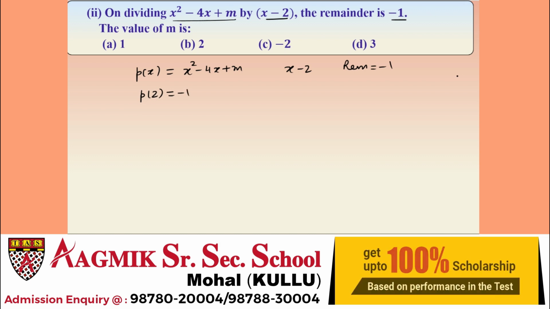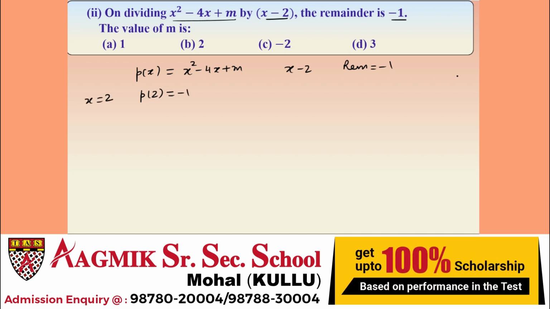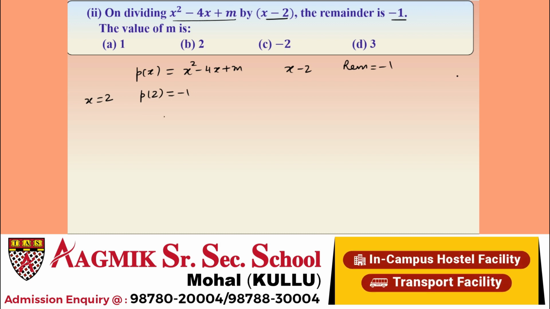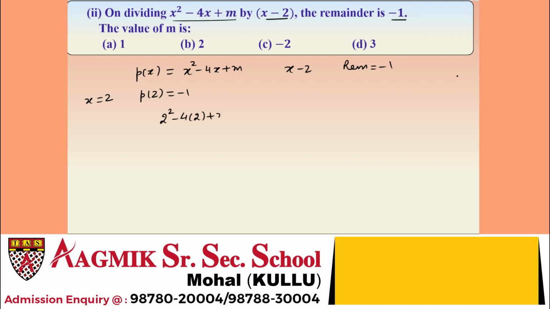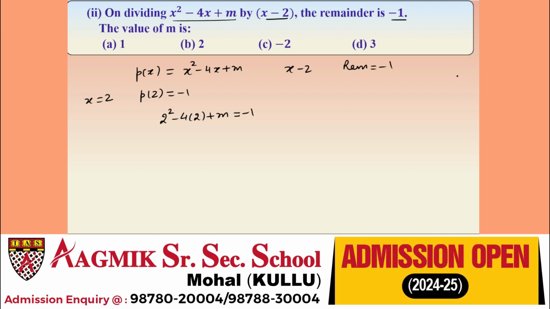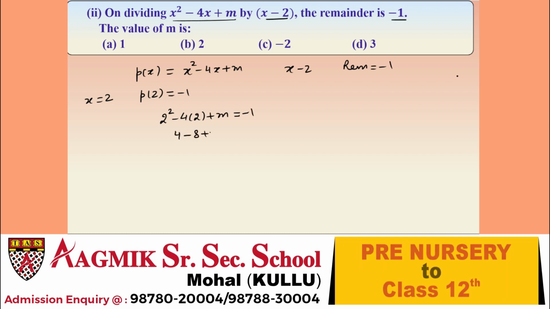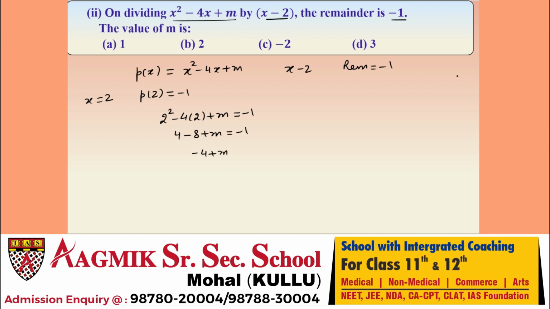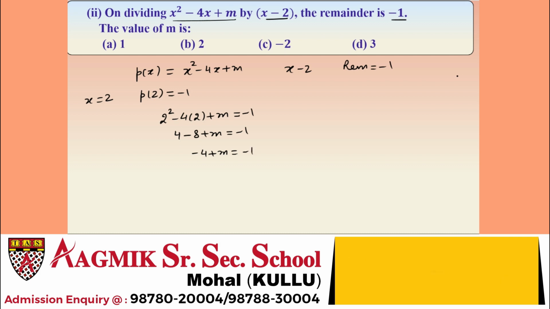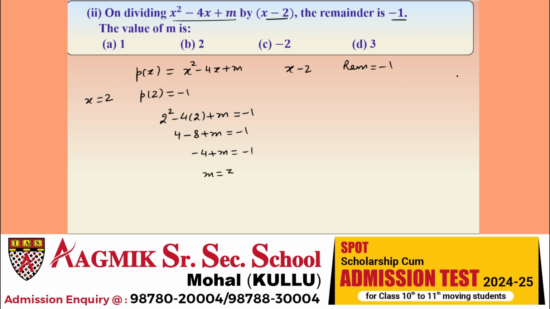That means अगर आप x को 2 put in करते हो तो value of polynomial should be minus 1. So that means 2 square minus 4 times 2 plus m will be equal to minus 1. That is 4 minus 8 plus m is equal to minus 1. So minus 4 plus m is equal to minus 1. So m will be equal to 4 minus 1, 3. That means D option is correct.